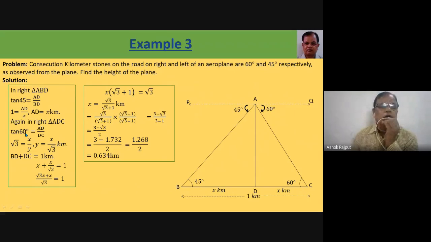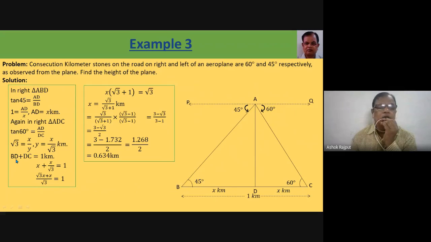Now again in right triangle ADC, tan 60 equal to AD upon DC. Now we can write the value of tan 60 equal to root 3. It is x by y, where y is x by root 3 kilometer. Now DC equal to y, so here should be y kilometer, here it is x kilometer.